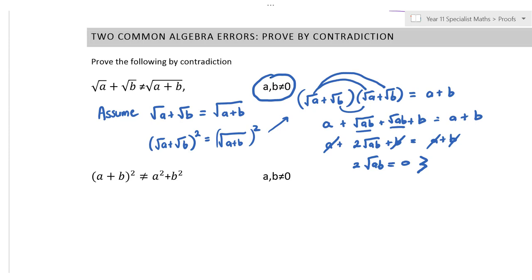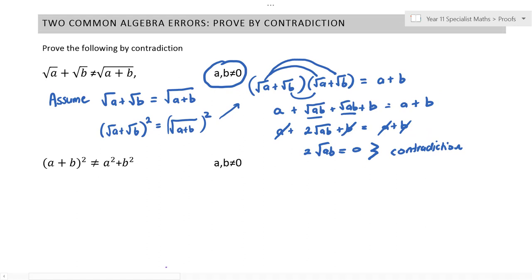So there's the contradiction. Or you could write contradiction, but if you do a lightning bolt, that's fine, okay? That's just how I was shown in university when I was doing advanced proofs. So now we've found the contradiction, we can therefore say the opposite is true.